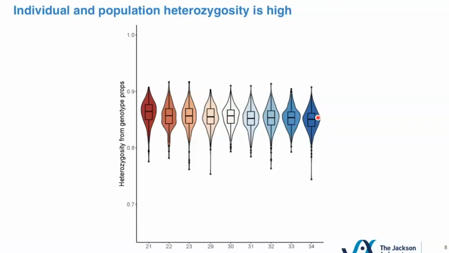It's a closed population that we are trying to randomly breed within, but it's still very satisfactory, and I think it should be received well by customers who are interested in genetic diversity, that the individual mice that you're receiving have lots of heterozygosity, and the population of mice that you're receiving have lots of differences between them.